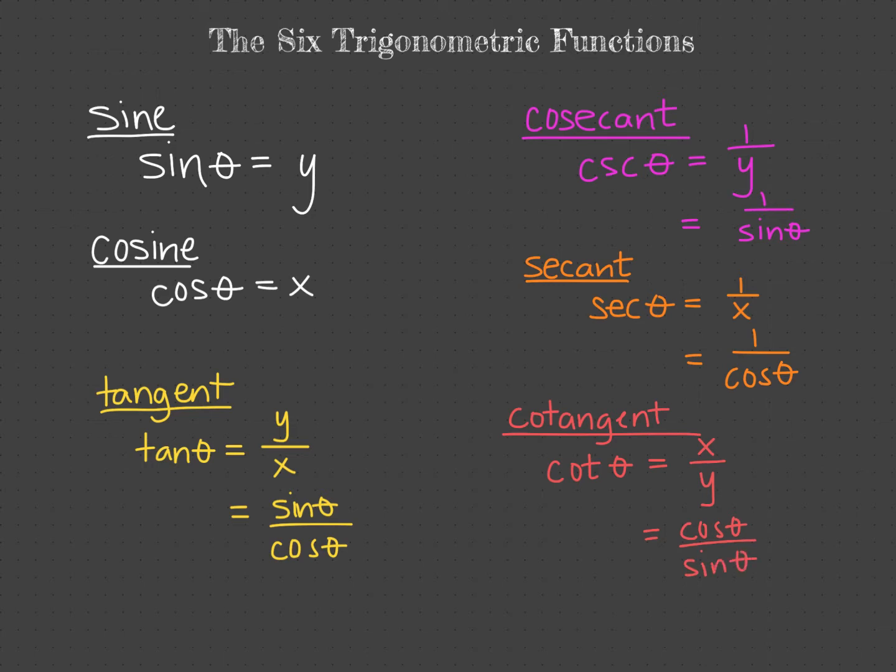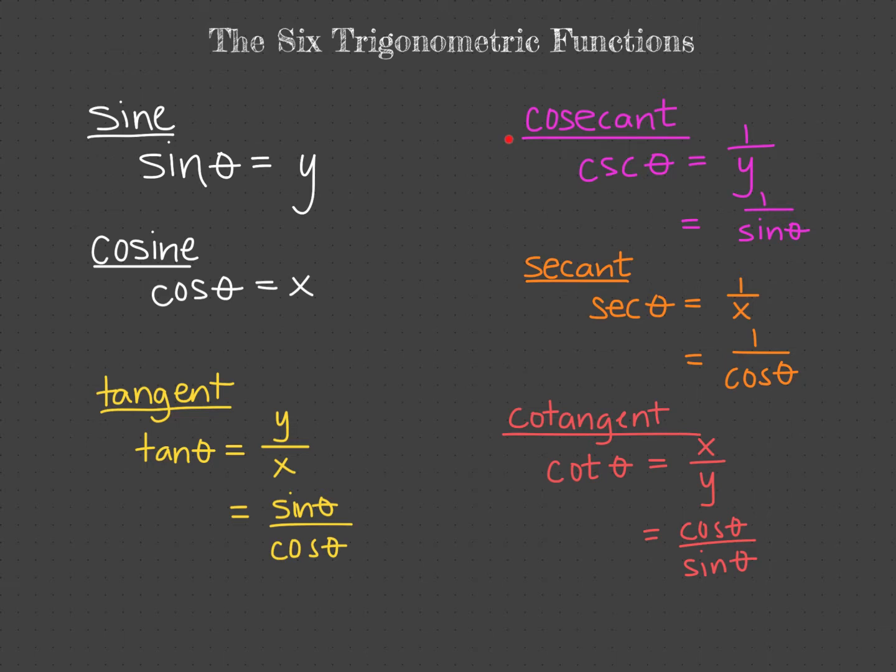Now, as I mentioned previously with tangent, with these 4 trig functions, these 4 new ones in color here, they all are fractions. So they all have a potential to be undefined. If ever the denominator of any of these trig functions is 0, the trig function is undefined.